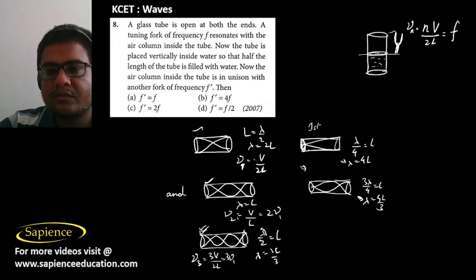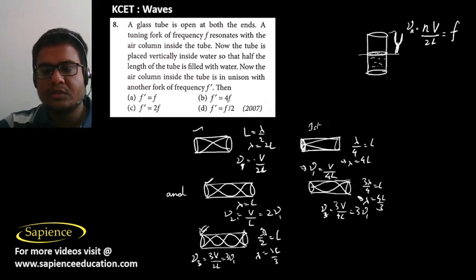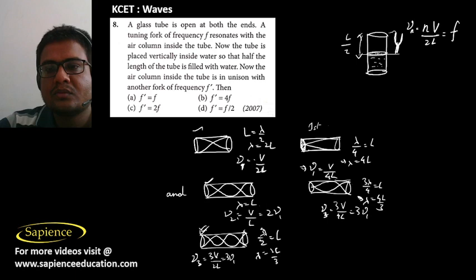So here we have nu 1, the first harmonic, that is V by lambda, that is V by 4L. And here we have nu 3, that is V by 4L by 3, equal to 3 nu 1. So for a closed end organ pipe, we have odd harmonics only. Here half the length of the tube is filled, so we have L by 2, which we can call L dash.